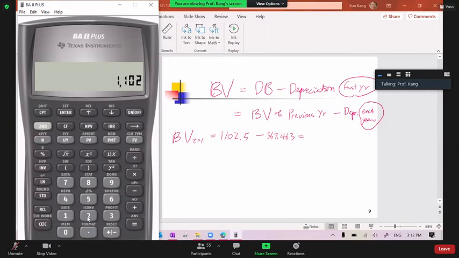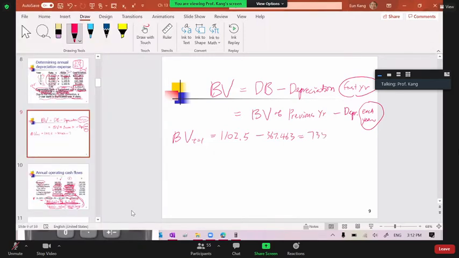Good point. So 1102.5 minus 367.463 is 735.04. So that's the first year book value. So this is book value, right?